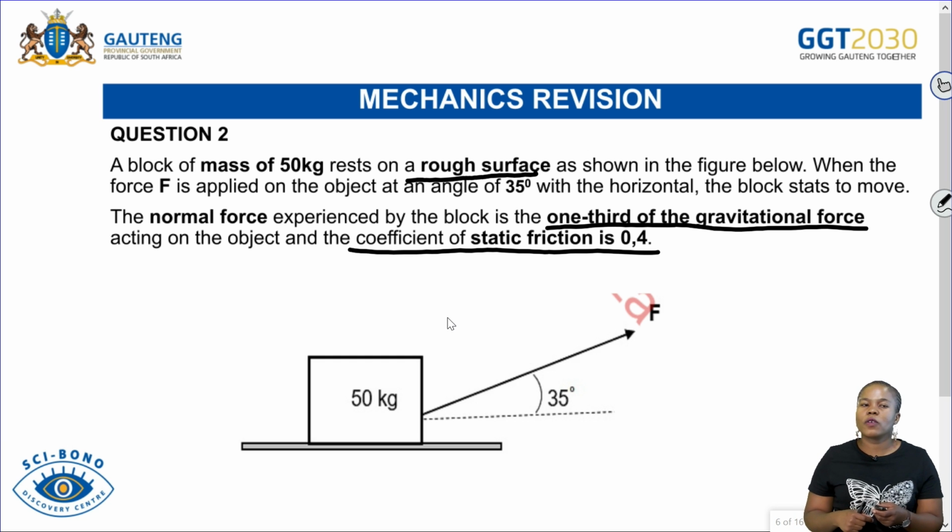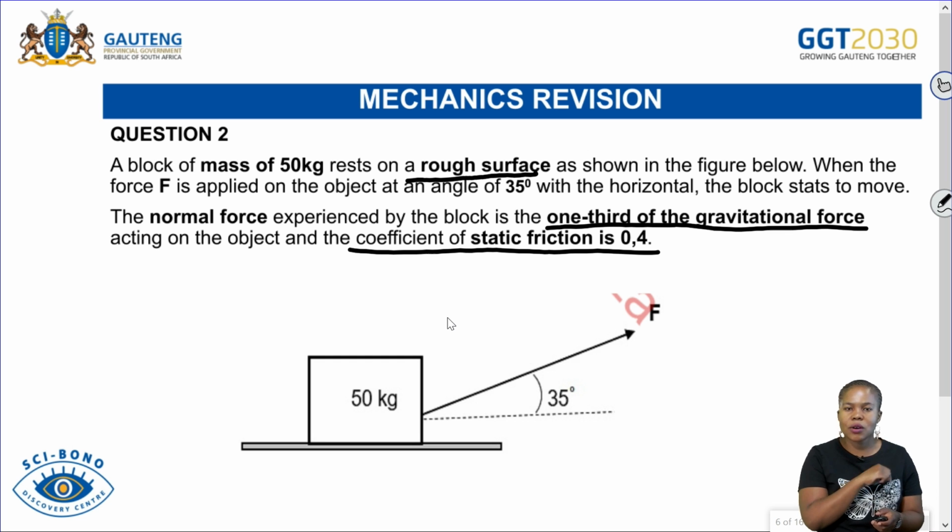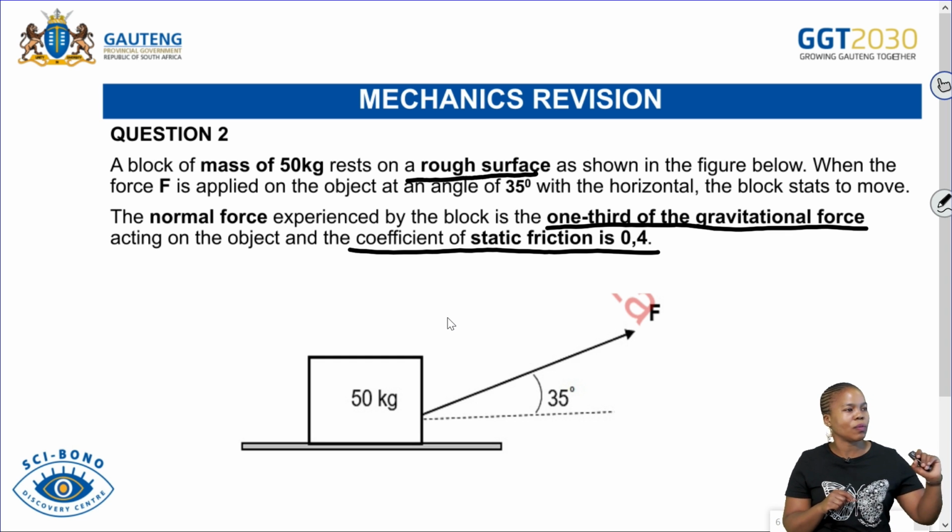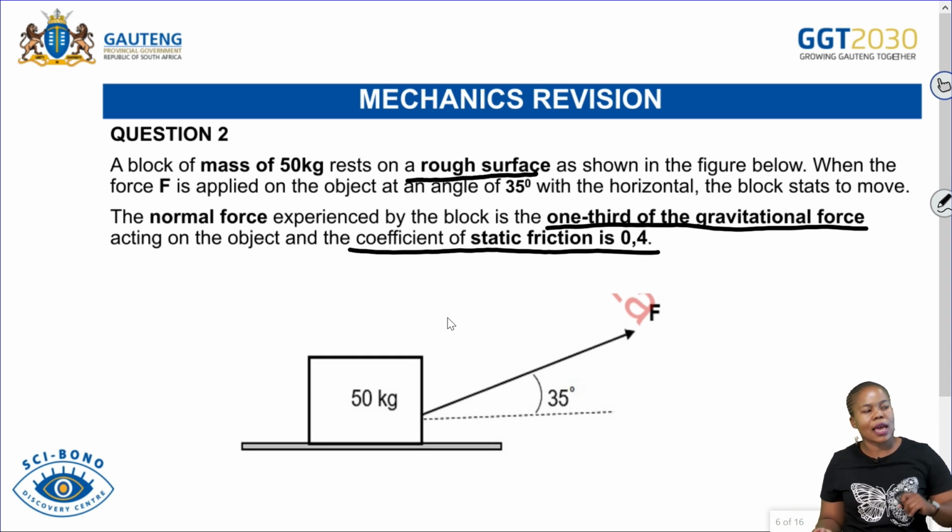The normal force experienced by the block is 1/3 of the gravitational force acting on the object, and the coefficient of static friction is 0,4. A nice diagrammatic representation is given to us, and here's your 50 kg block. Here's your force that is not given in terms of its magnitude, acting at an angle of 35 to the horizontal.